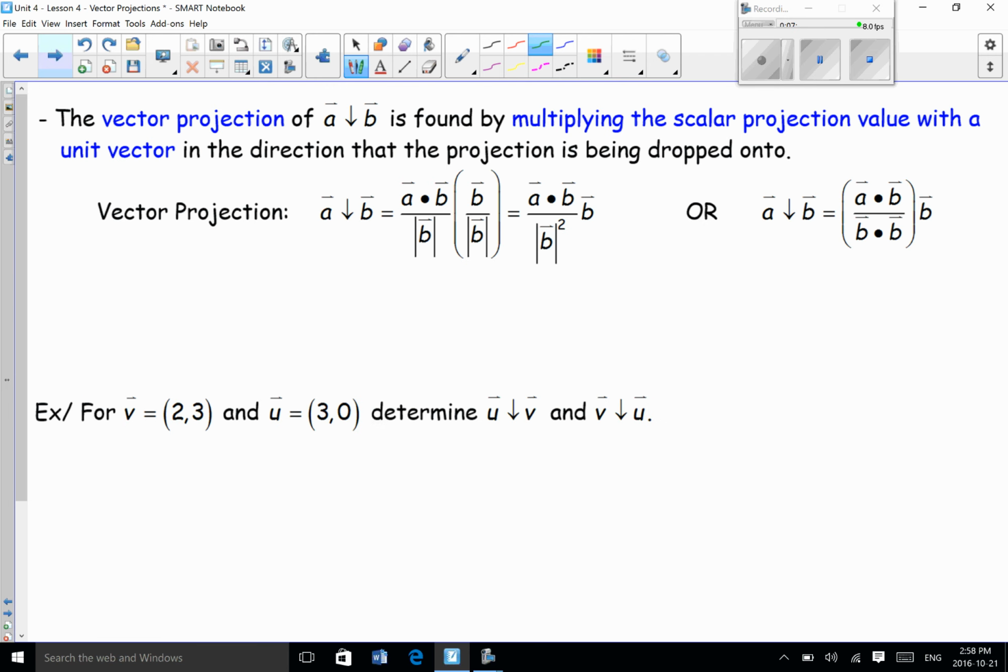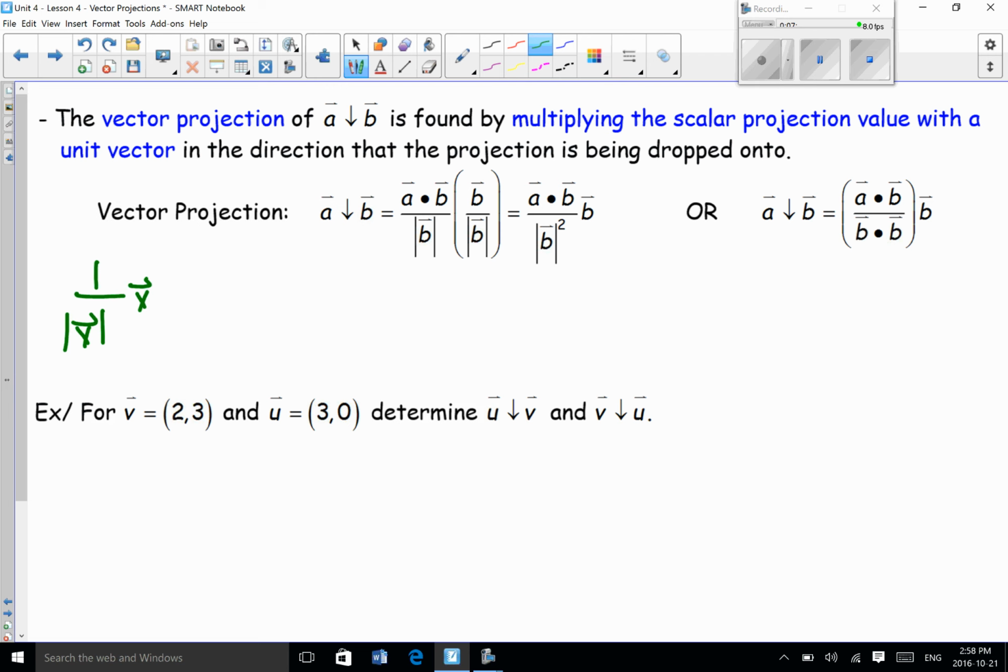Now, we also want to be able to deal with vector projections. The idea of a vector projection is that we take a unit vector in the direction of your projection and use that to measure the vector projection. So if we go back to unit vectors for just a second, that was 1 over x times x.